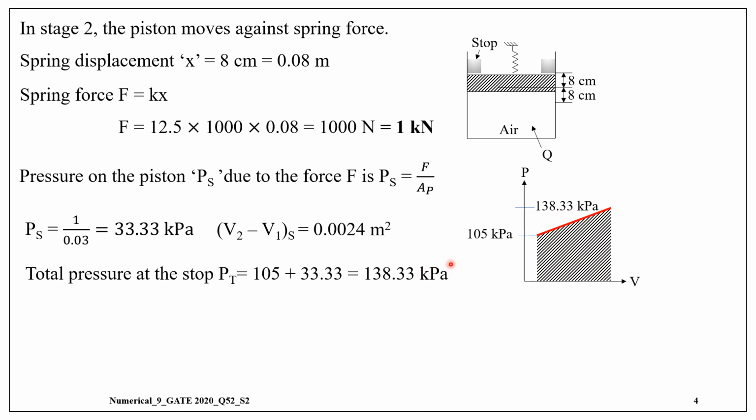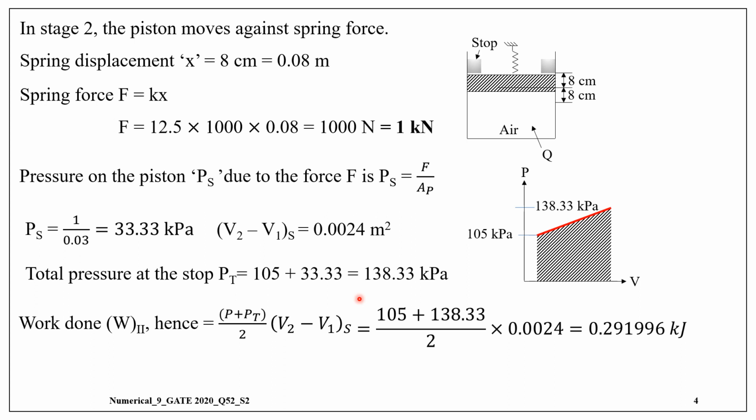And we know work done during this process is equal to the area under the curve in a PV diagram. This geometry is a trapezium. Therefore, work done during second step or second stage is equal to the initial pressure plus the total pressure, that means the pressure here and the total pressure, divided by 2 multiplied by change in volume when the piston moves against the spring.